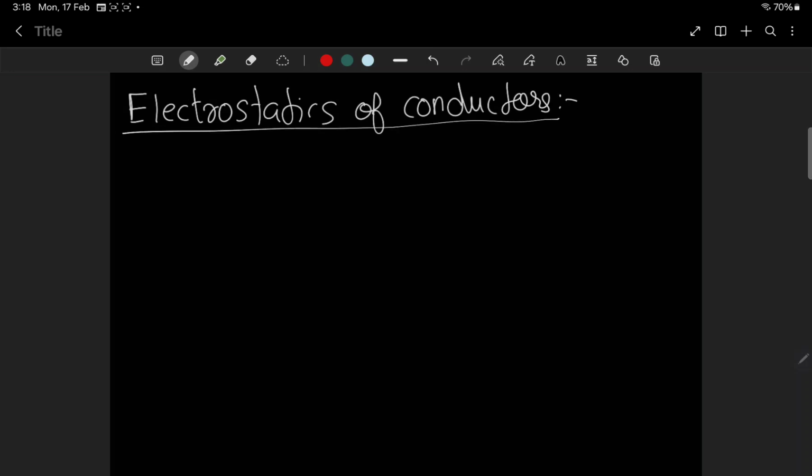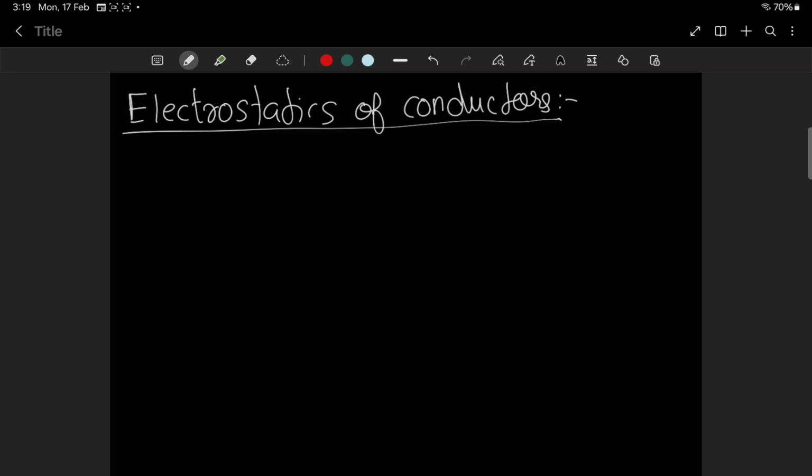Conductors and insulators were described in the first chapter. I hope you know what a conductor is, because we have been learning it from first standard.